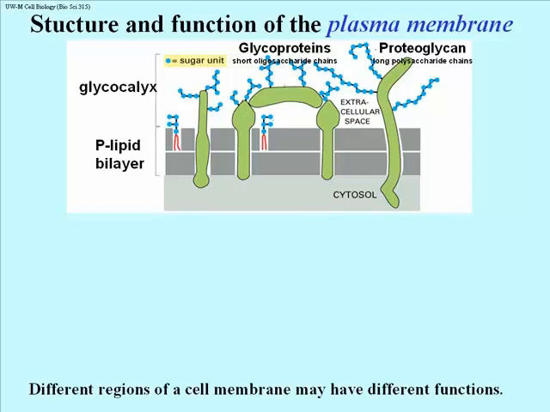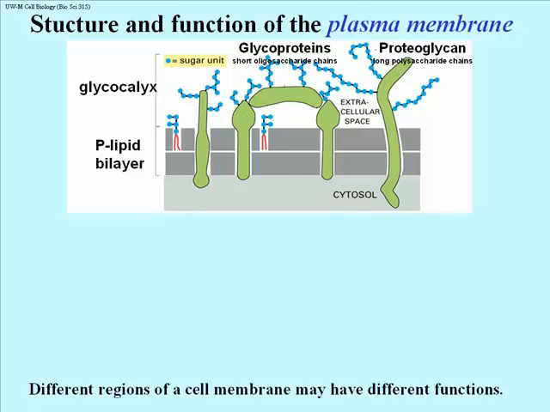We refer to the sugar-coated cell surface as the glycocalyx. We have several kinds of structures that are sugar-coated or that have sugars attached. There are short oligosaccharide chains attached to proteins, and these are glycoproteins. And then we have structures called proteoglycans, which are still transmembrane proteins, that is, proteins that pass through the entire phospholipid bilayer, but have longer polysaccharide chains attached.